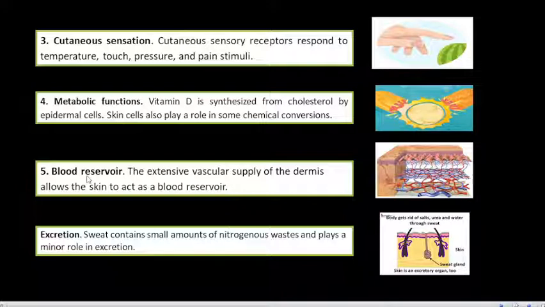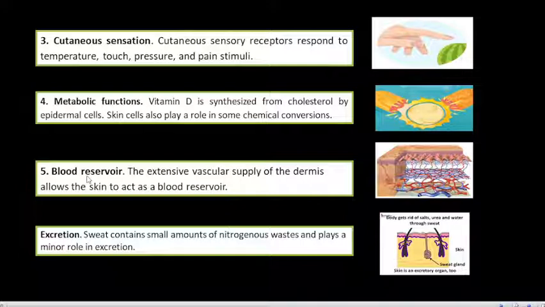So, ang mga blood capillaries are present in the dermis. So, since napakaraming blood vessels such as capillaries dito sa dermis ninyo in the whole part of the body na may skin, your skin is a big part in contributing as a reservoir for blood.